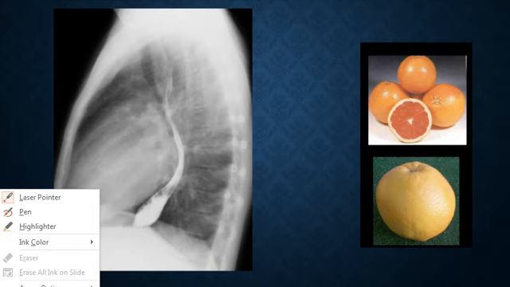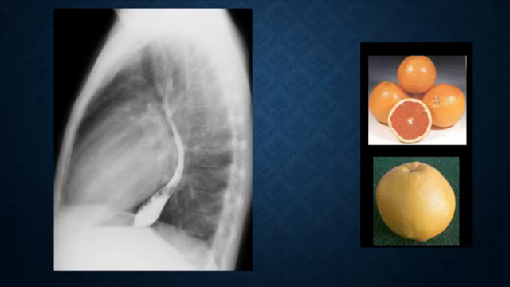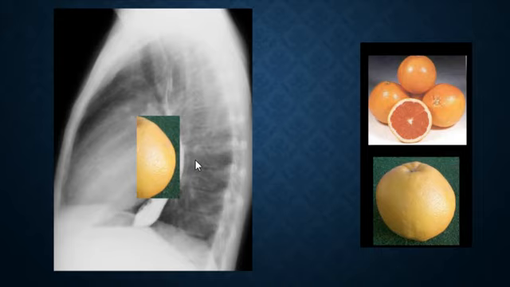Something wrong here. What happened? Okay. This is the part of the orange, the rounded part that is indenting on the esophagus, making this indentation. You can see it on the esophagogram or the barium swallow.